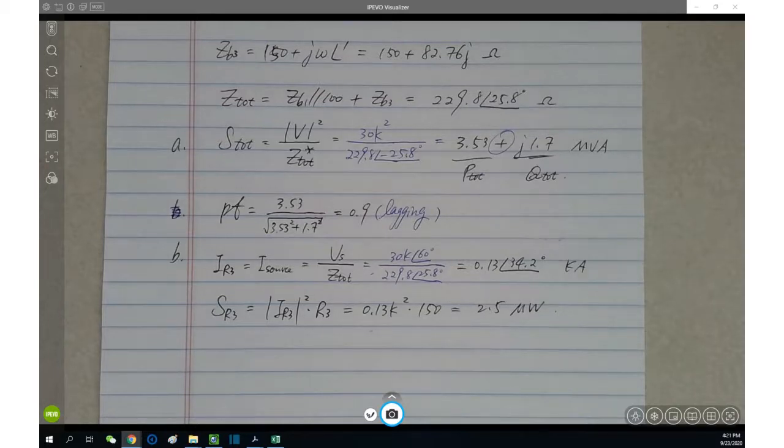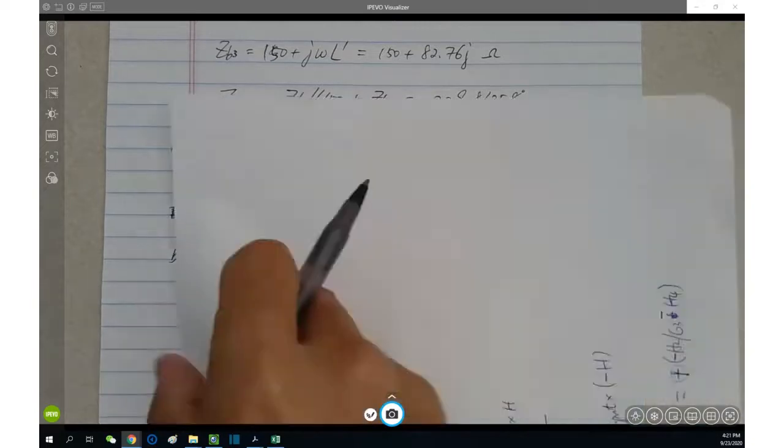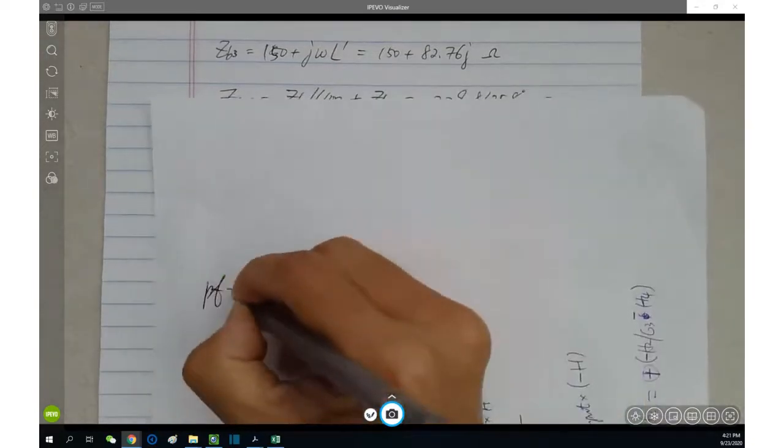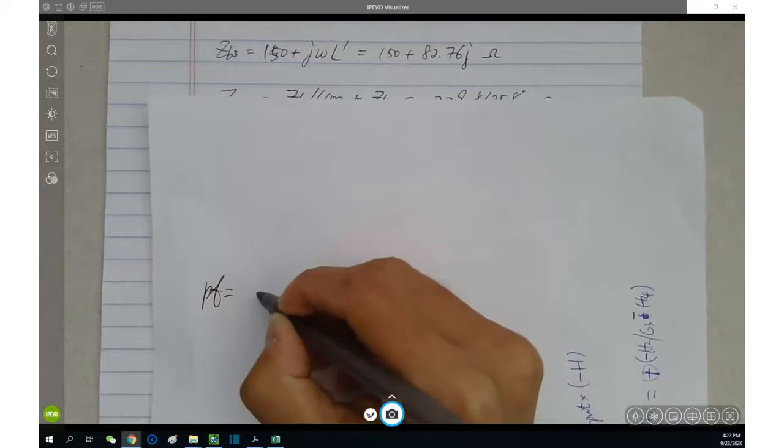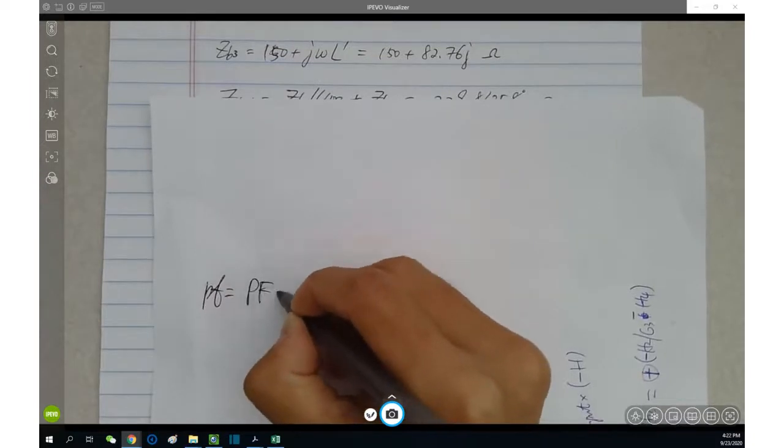I present the complete version of the power factor definition, including the harmonics and also including the phase difference. Power factor equals what? Anyone remember? It can be cosine of theta v minus theta i.